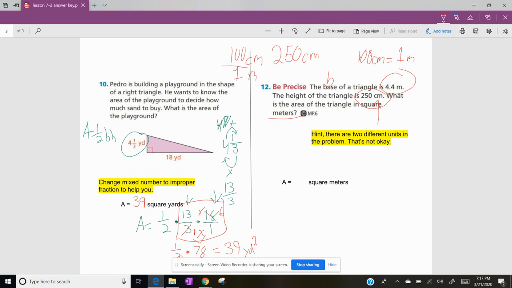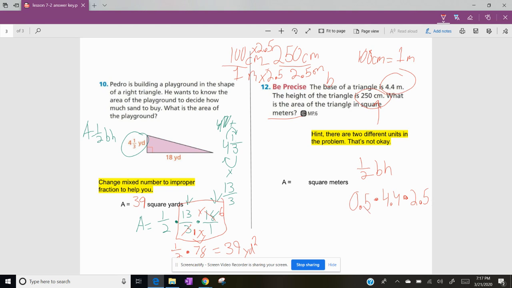And then I multiply by 2.5 to get 250. I do the same thing here. So I get my 0.5 meters. So I'm going to do 1/2 base times height, 1/2 times 4 4/10 times 2 5/10. Since those are in decimals, I'm just going to change my 1/2 to 0.5.